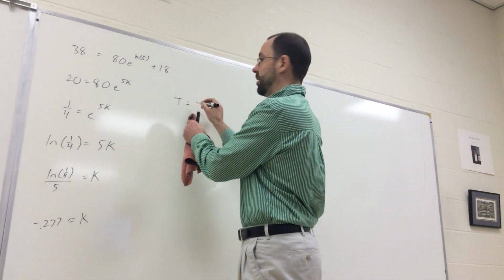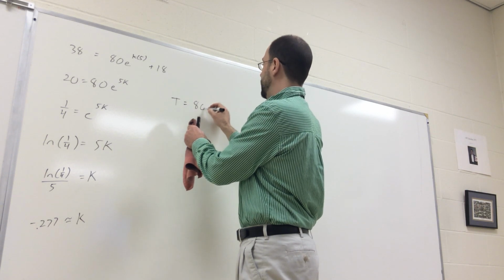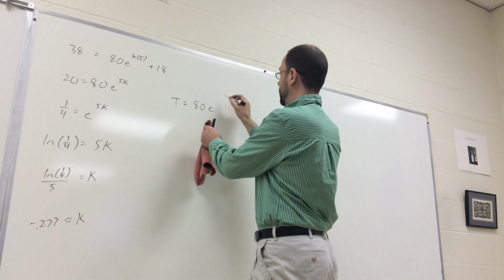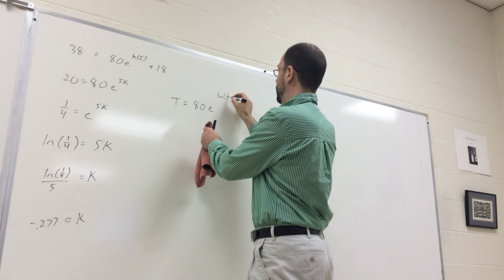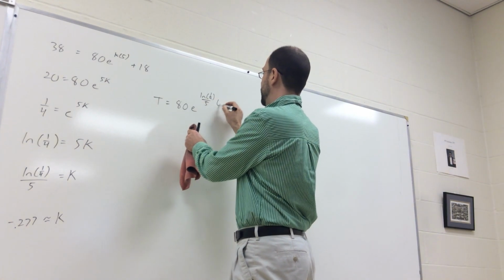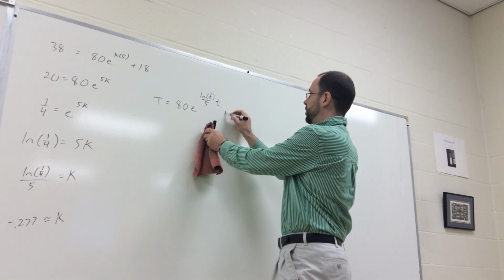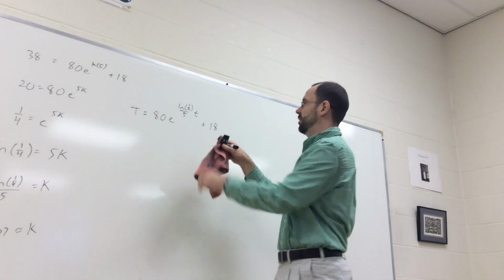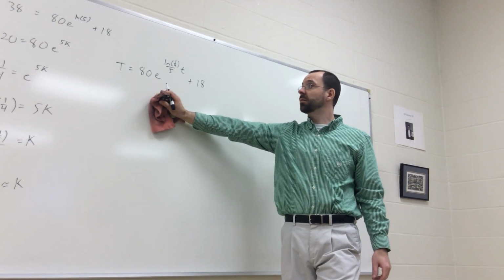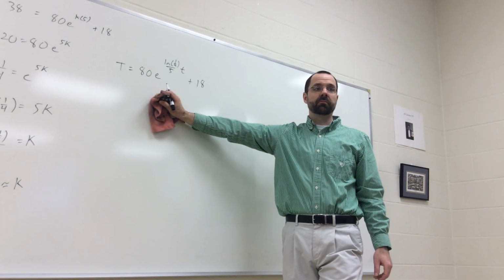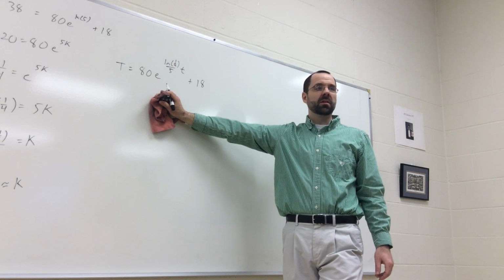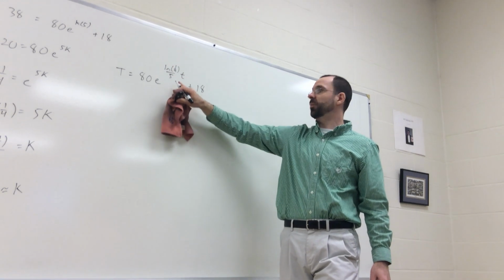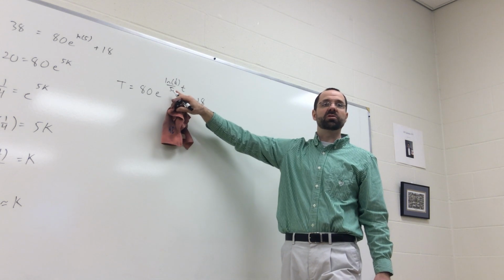I know that T equals 80 e to the natural log of 1/4 divided by 5 t plus 18. So this is kind of hard to think about, but that's just negative 0.277 t.